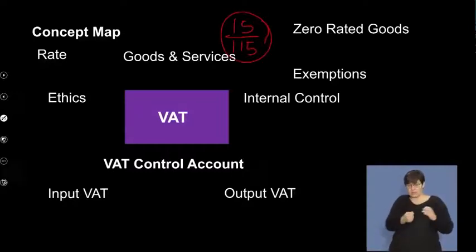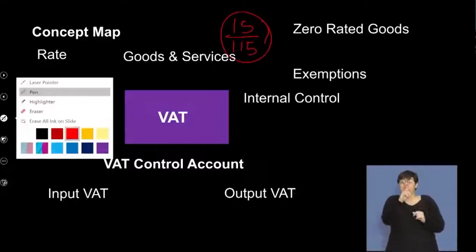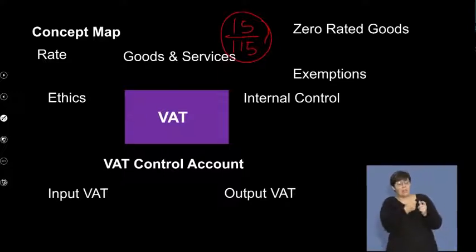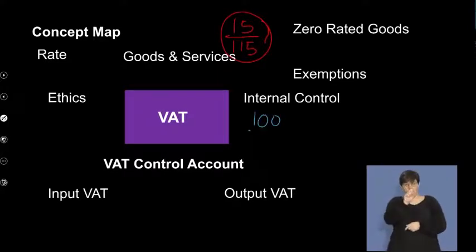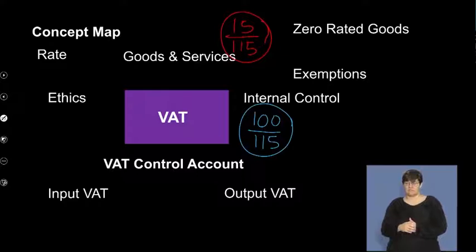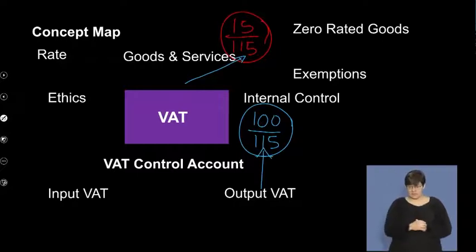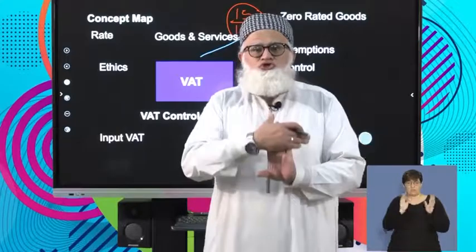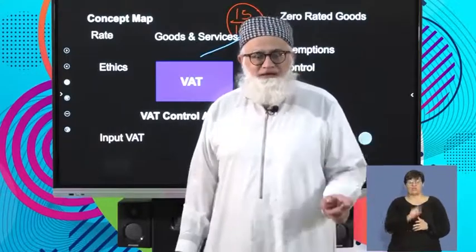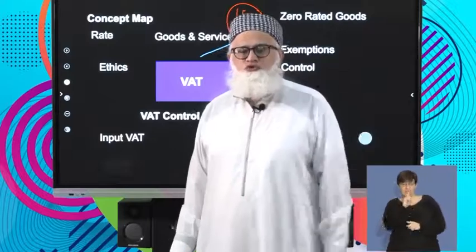If you want the sales amount only, you then take the 100 over 115. The important thing to remember here is that in your denominator, you always use the 115 because it includes your VAT. So it's 100 plus the 15 to give you 115.